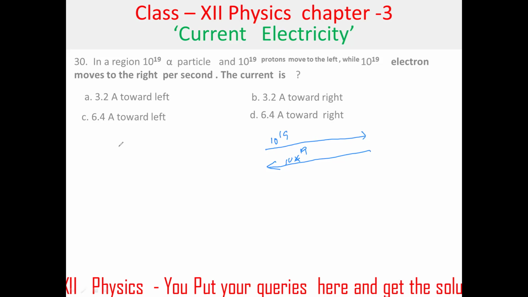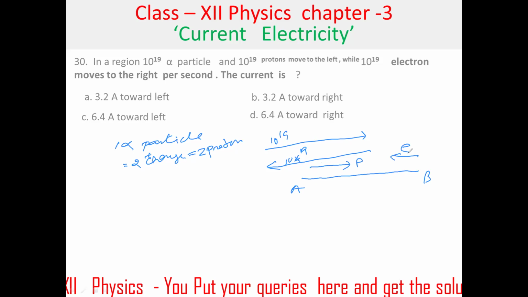We know that one alpha particle means two plus charge, means two protons. If this is the line, A and B, the protons are moving in one direction and electrons are moving in the other direction.